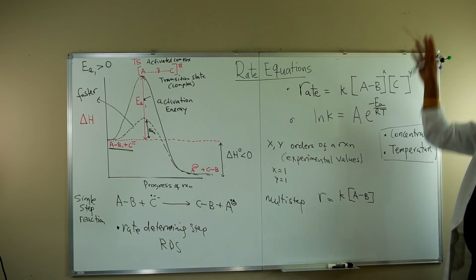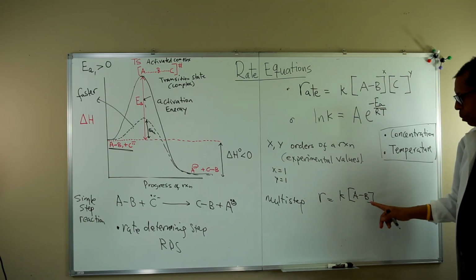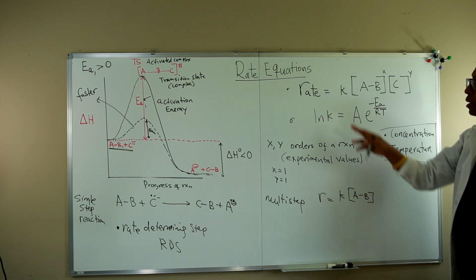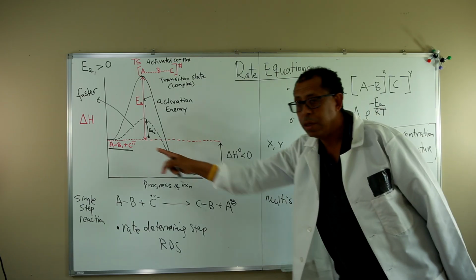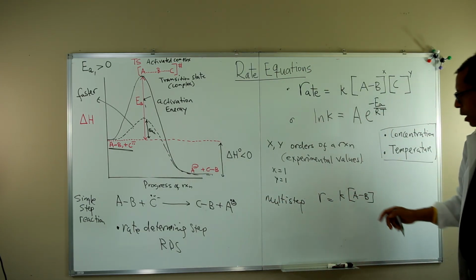The activation energy to break that bond is the first step, so the intermediate B plus is formed. C is not involved until B plus is formed.